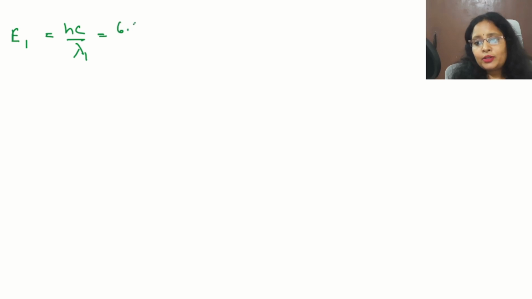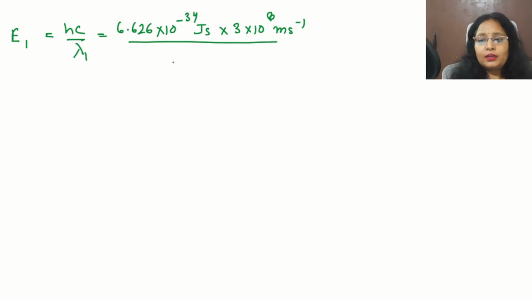H is 6.626 into 10 to the power minus 34 joules second, into c, the velocity of light, 3 into 10 to the power 8 meter per second, which in turn is divided by lambda 1, and its value is given. Lambda 1 value is 500 into 10 to the power minus 9 meter.